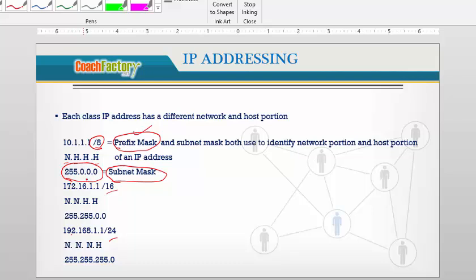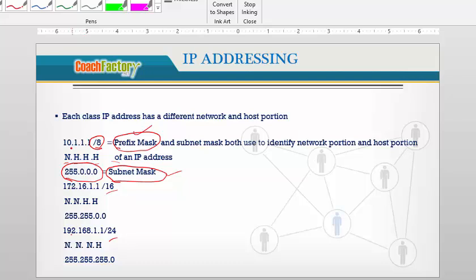Whenever you see 255.0.0.0 or 255.255.0.0, that is known as subnet mask. Both have the same definition. Both are used to identify the network and the host portion of an IP address. So we'll see why class A has /8, class B has /16 and class C has /24.